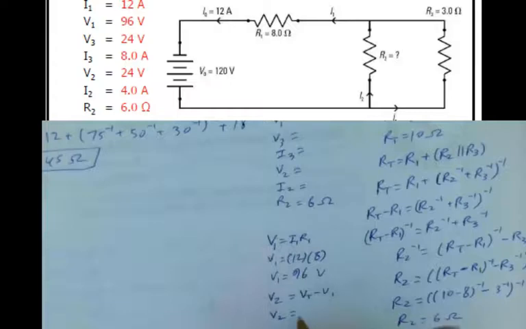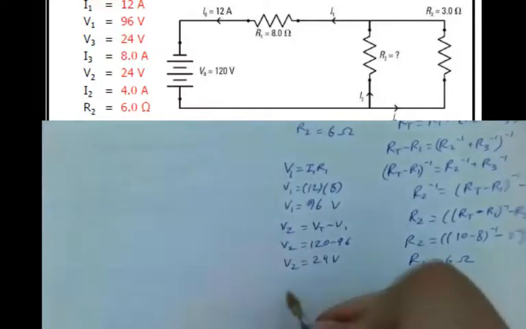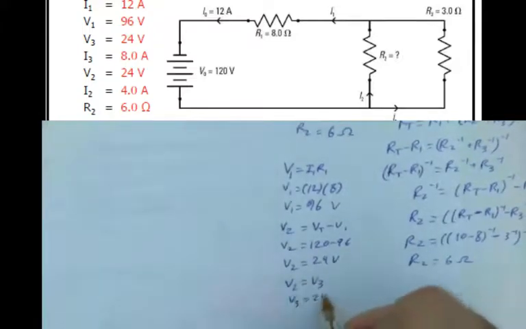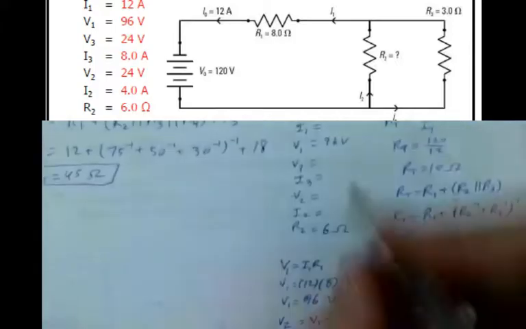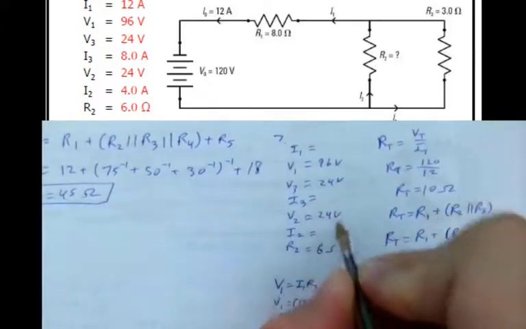That's going to be 120 minus 96. So that will be 24. And I also know that because V2 is equal to V3, V3 is also equal to 24. So I can fill in 24 volts and 24 volts here.